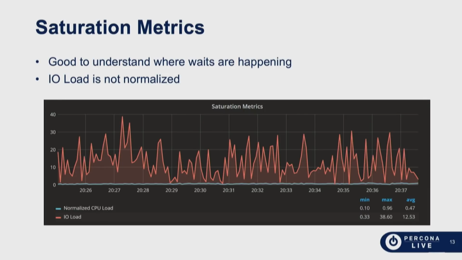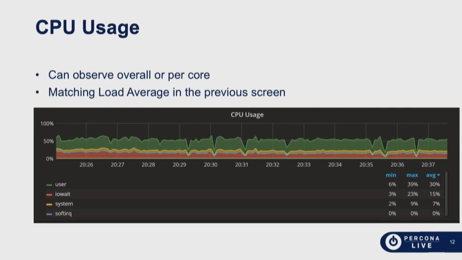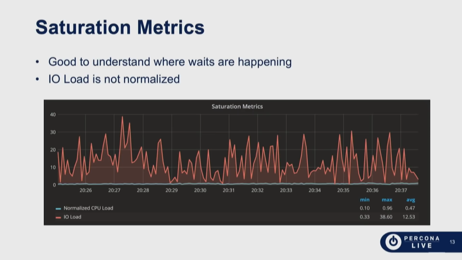We can look at the I/O load, which corresponds to pretty much how many I/Os are in flight on average at that point in time. And you can see that the system is pretty significantly I/O bound, even though you don't see a lot of CPUs stuck in an I/O wait state.